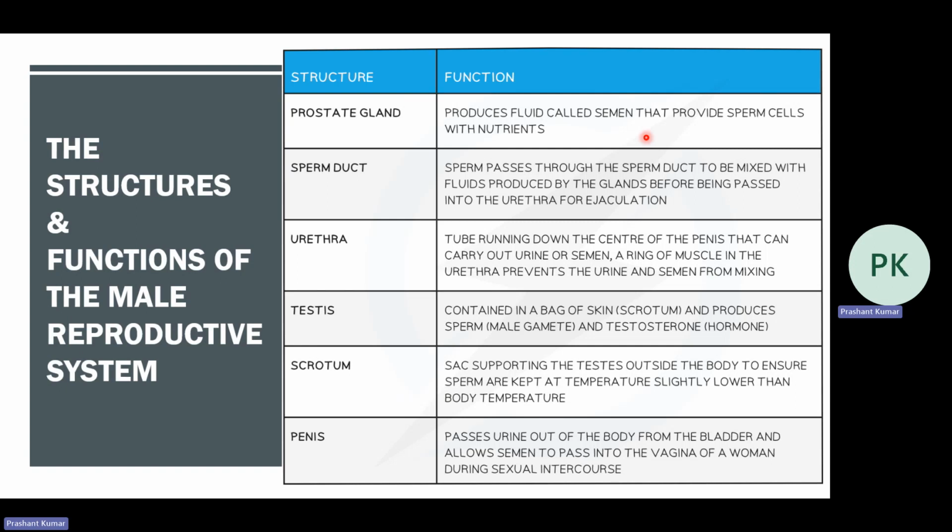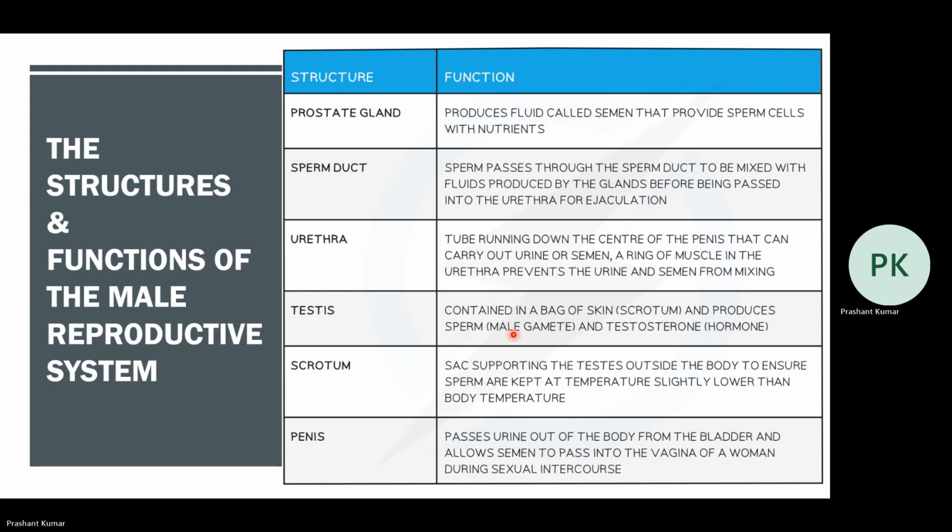So in males, there is just one common path through which sperm as well as urine pass. The urethra is the tube running down the center of the penis that can carry out urine or semen. A ring of muscles in the urethra prevents the urine and semen from mixing. This is very important because there is just one duct through which urine and the gametes are released.